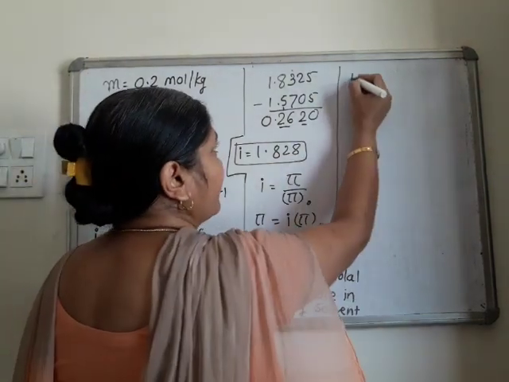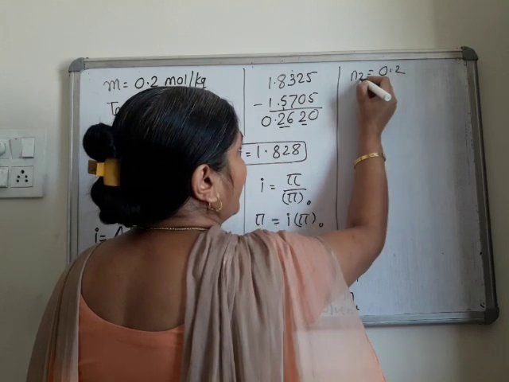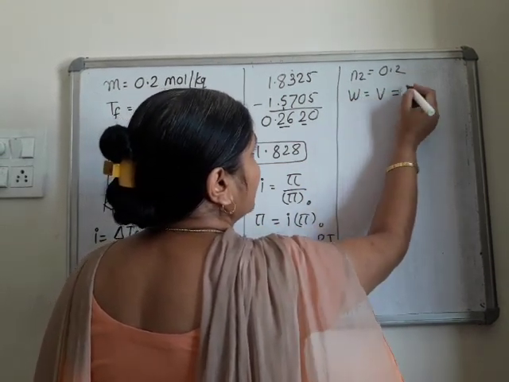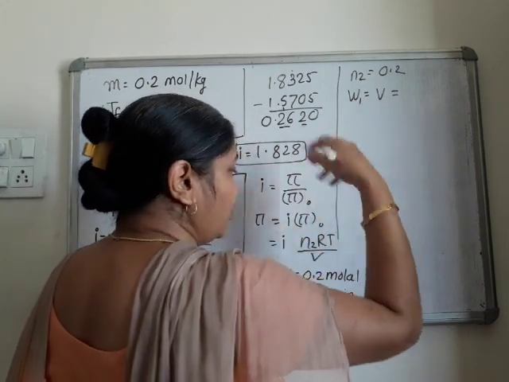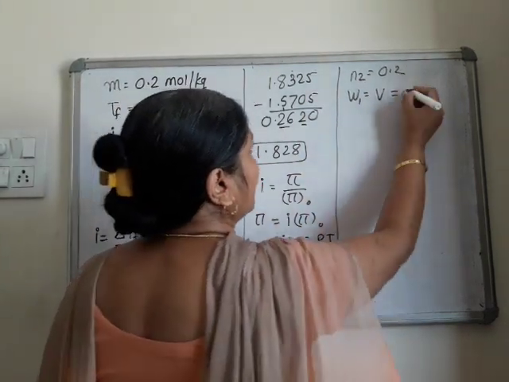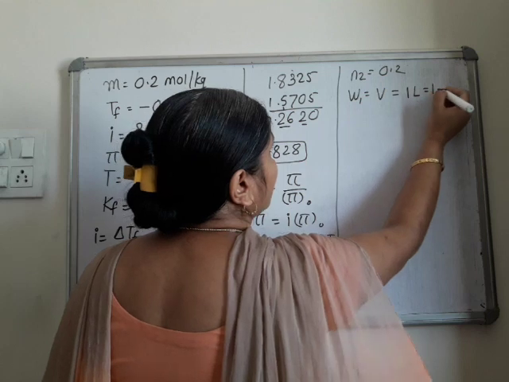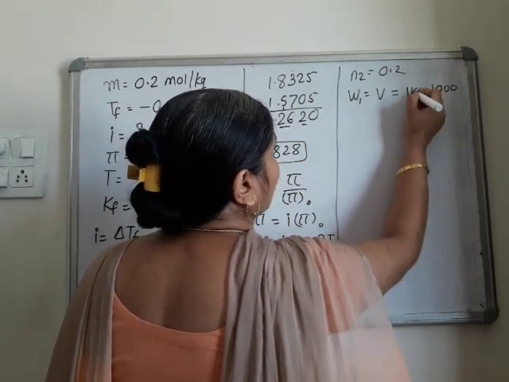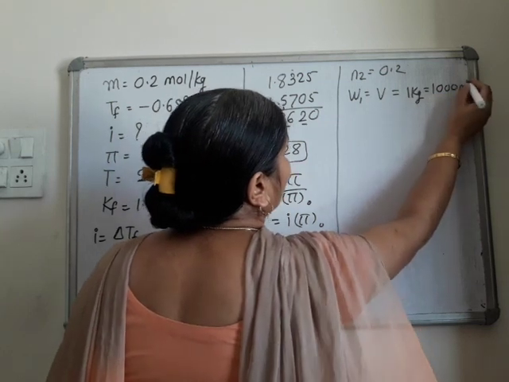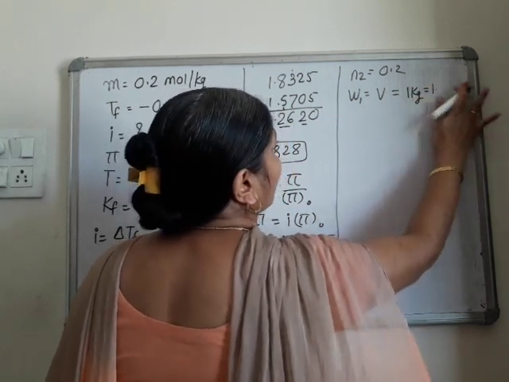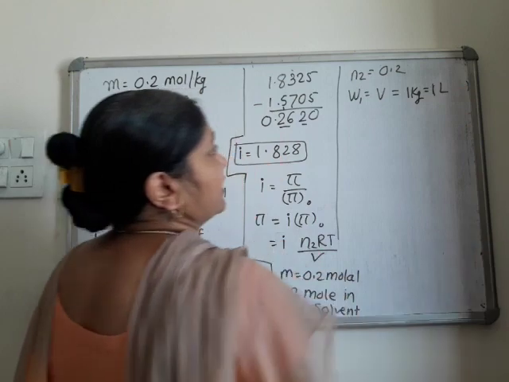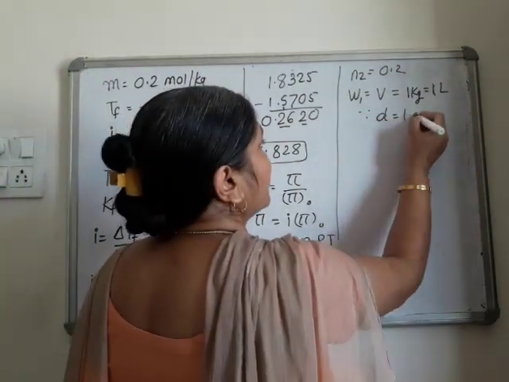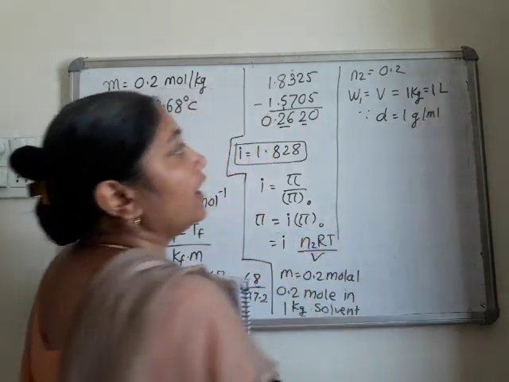So n2 is 0.2 and V is equal to volume of the solution, equal to 1 liter. 1 kg is equal to 1000 ml, that is same as 1 liter, since d is equal to 1 gram per ml.